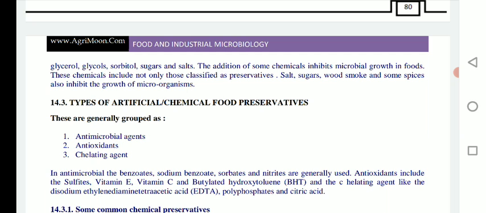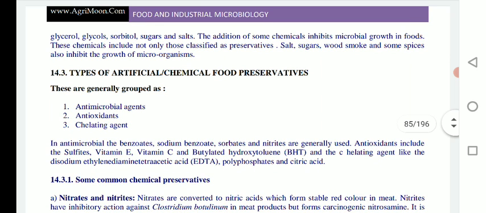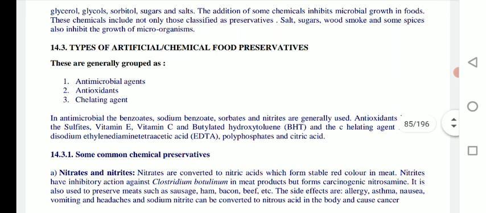So here are different types of artificial chemical food preservatives. They are generally grouped as antimicrobial agents, antioxidants and chelating agents. In the antimicrobial category, benzoate, sodium benzoate, sorbate and nitrate are generally used.